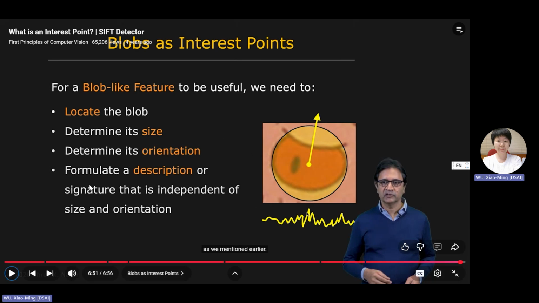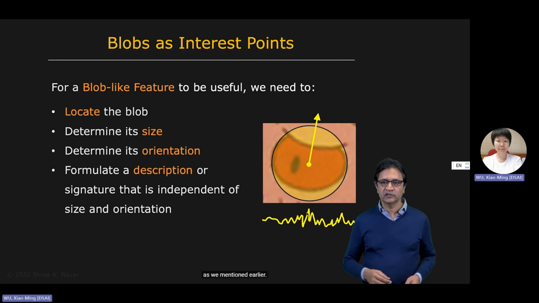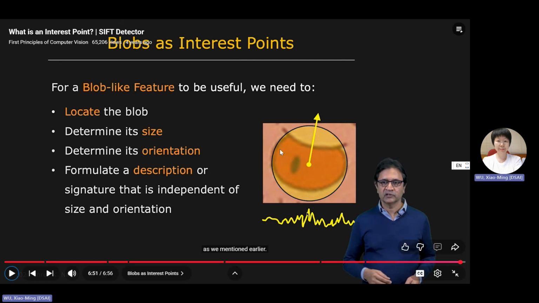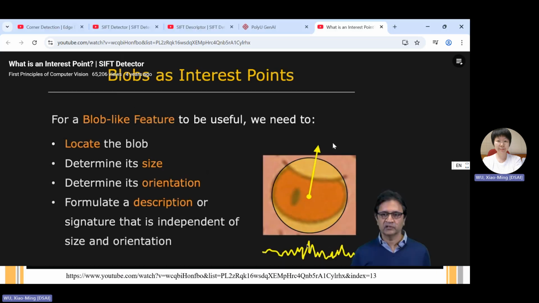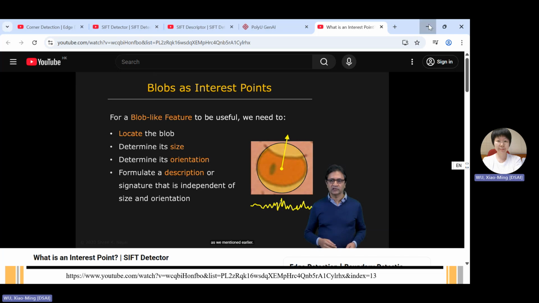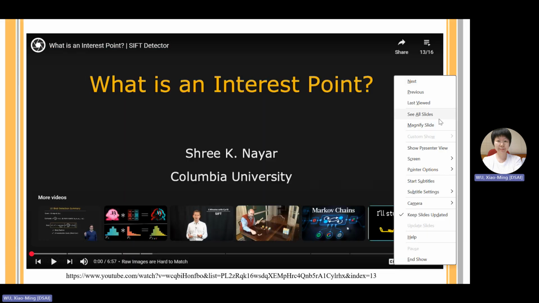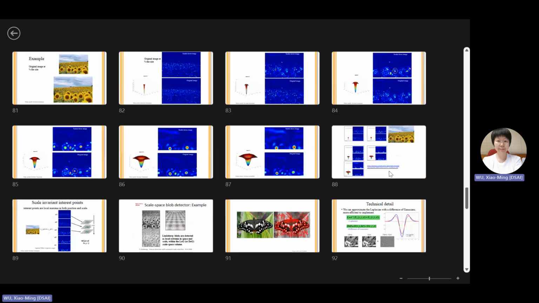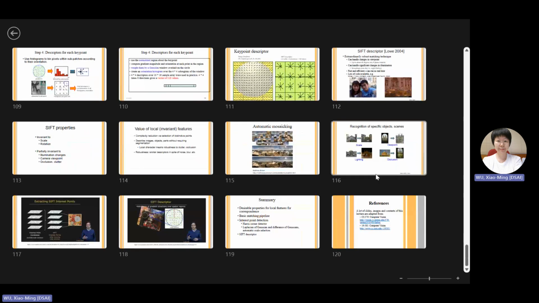So the signature is the vector description, the standard vector description of the image content. What do we mean by standard description?